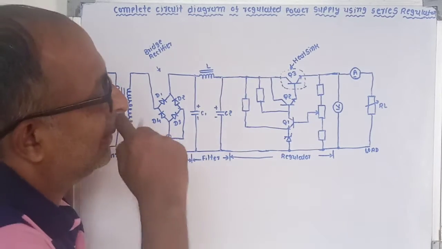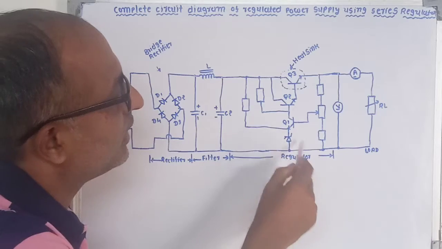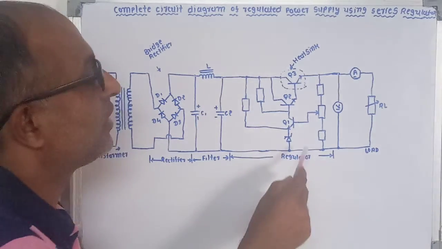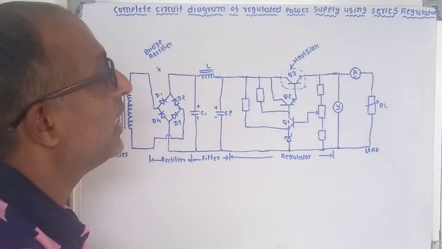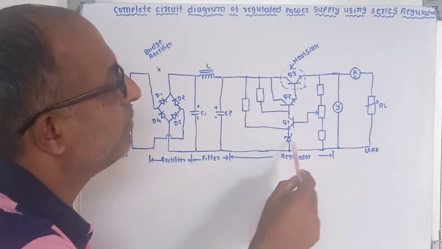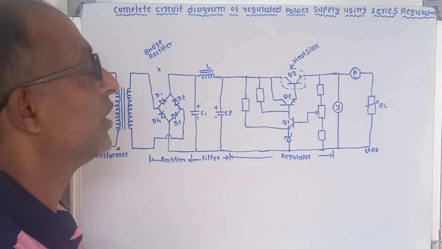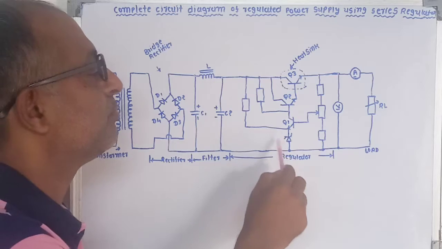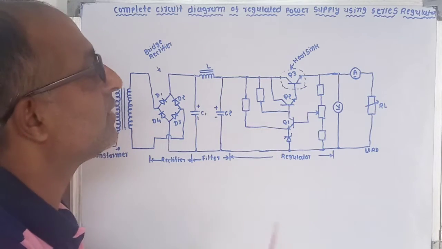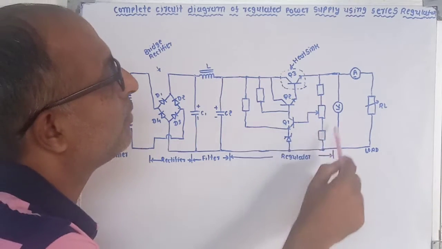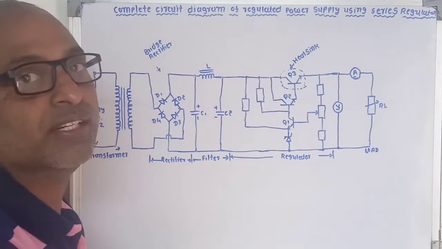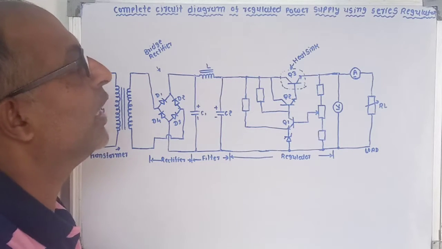Whatever voltage is generated across this Zener diode is applied to the base and emitter of the comparator transistor Q1. That means it provides feedback signals. With the help of this potentiometer, we can change the value of the output voltage.